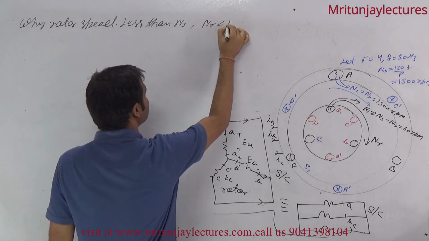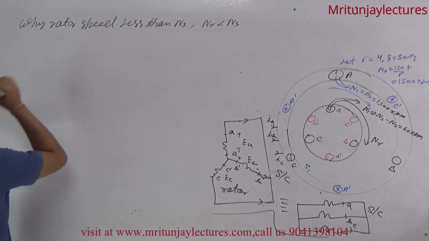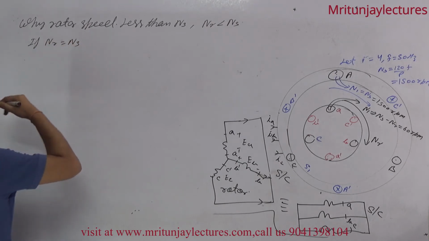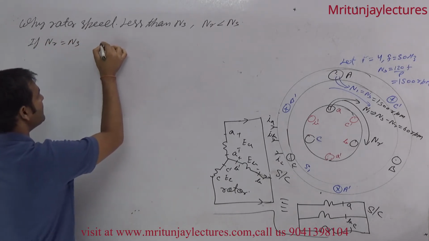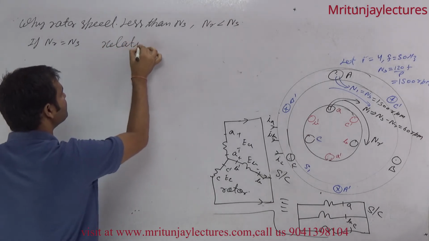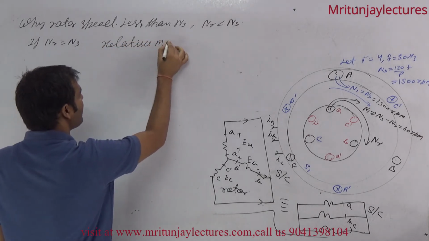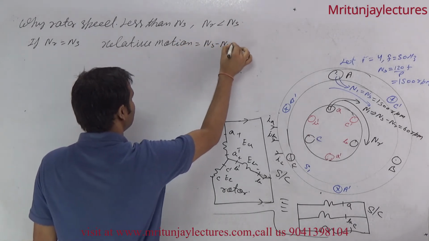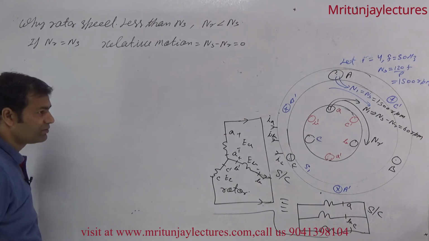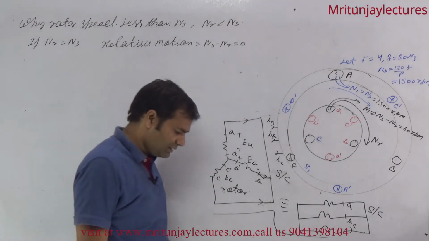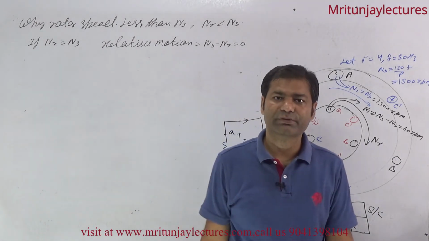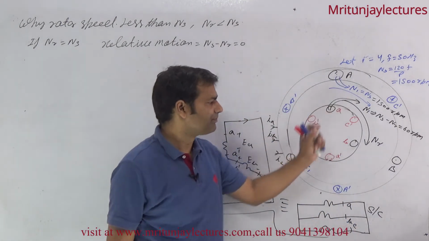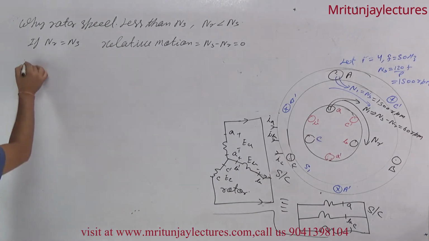Suppose Nr is equal to Ns, then what about relative motion? Relative motion is Ns minus Nr, which is 0 if Nr is equal to Ns. In this case, there is no relative motion between the stator field and the rotor winding. Clear?